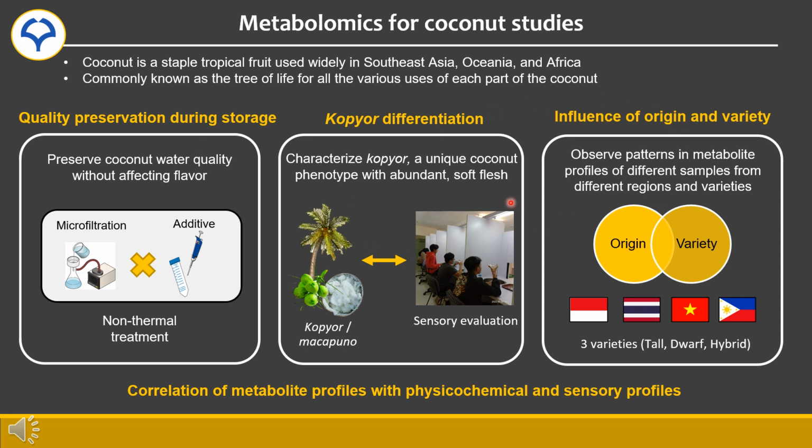Currently, using metabolomics techniques, research is being conducted on the preservation of coconut water quality, the identification of the special cultivar copior, and the impact of origin and cultivar. By investigating the correlation between metabolite profiles and physicochemical and also sensory profiles, analyses are being performed to understand the effects and identify the characteristics.